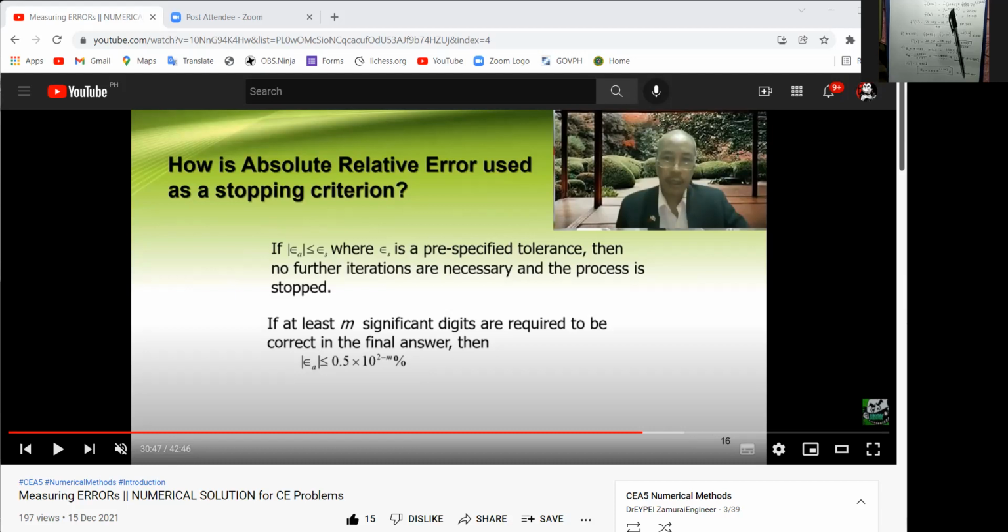Anyway, we use this criterion to stop the operation so that the machine will know when to stop. We human beings don't need to do this, but the machine has to stop, because if it won't stop, it will hang. That is one of the reasons why machines hang.